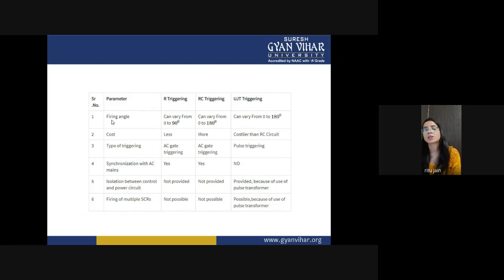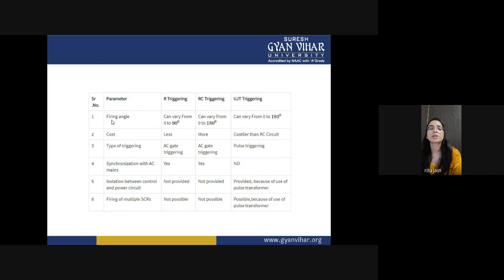But in RC triggering, you were using two diodes and one capacitor. One diode was conducting for the positive half cycle, and for the other half cycle diode D2 was conducting. When diode D1 was conducting for the positive half cycle, the capacitor was charging. For the other half cycle, the capacitor was charging through the negative voltage.